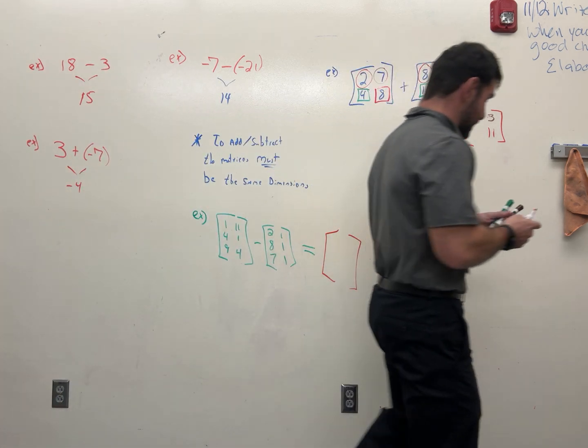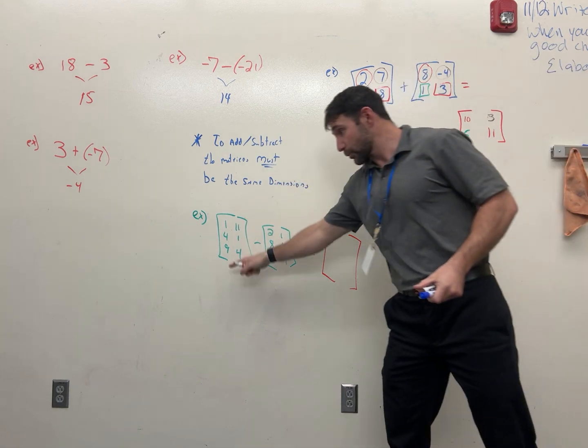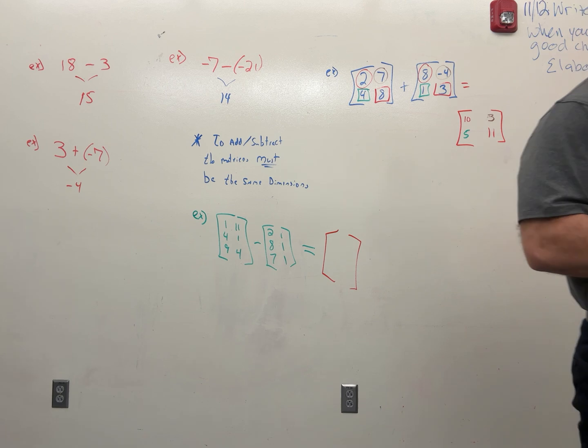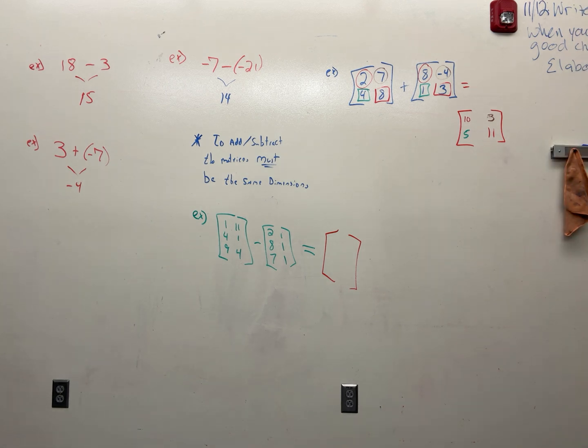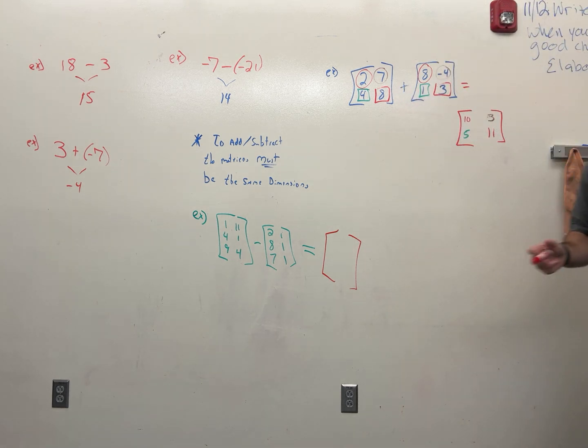Now, if you do this and somehow you end up with not a 3 by 2, you messed up. Just like if I have a 2 by 2 plus a 2 by 2 and you don't get a 2 by 2, you messed up.